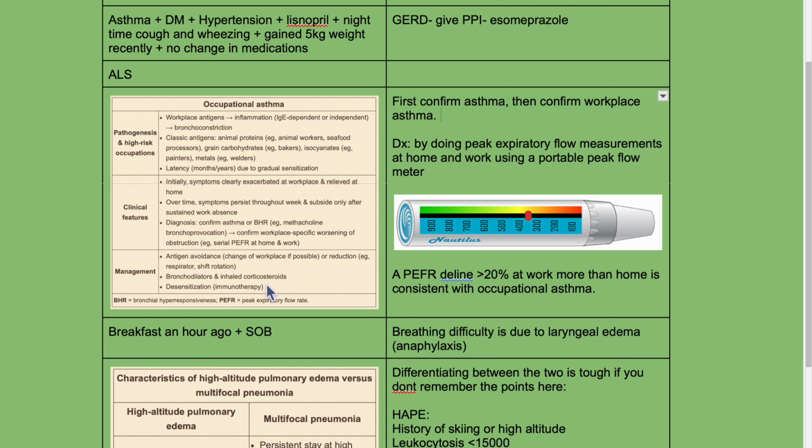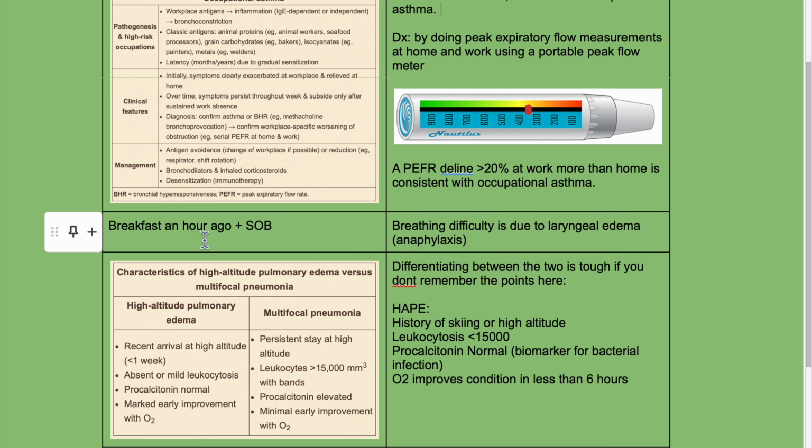Bronchodilators and inhaled corticosteroids, that's the normal way to go about asthma anyways. Desensitization, immunotherapy.